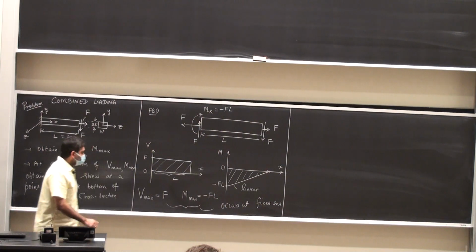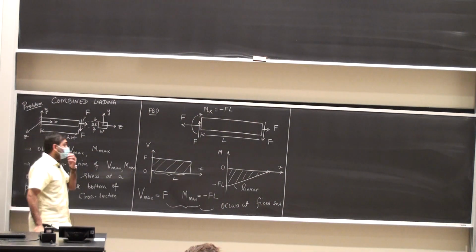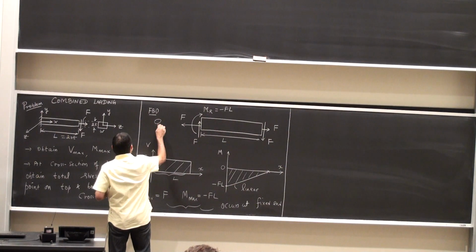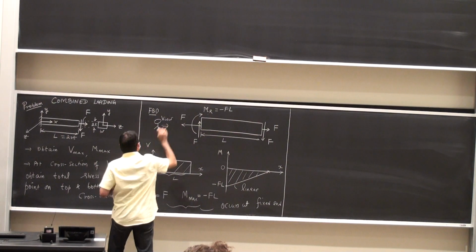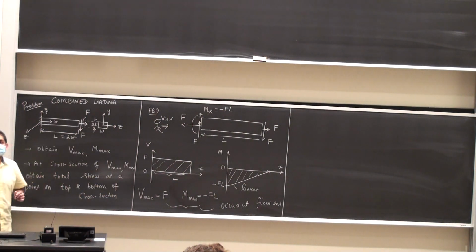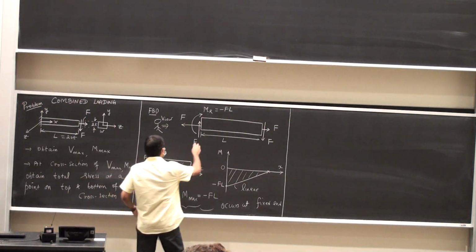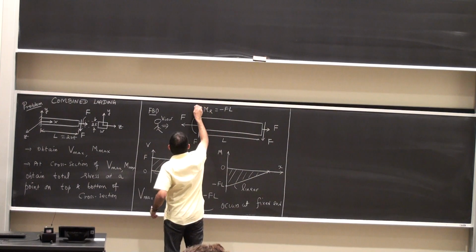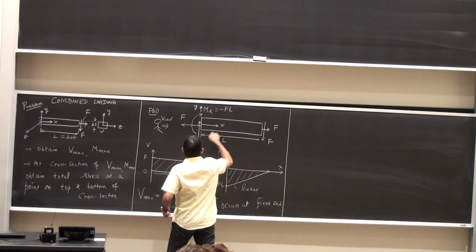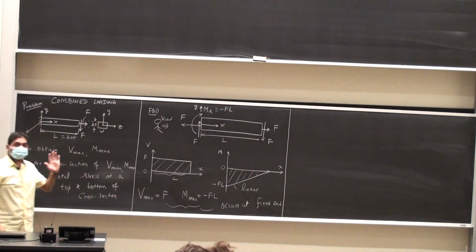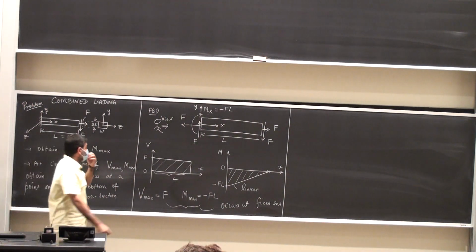Okay. So I'm going to set up a viewpoint. I'm going to have my axis system, x-axis, y-axis, z-axis. This is the x-axis, the y-axis is the vertical axis, the z-axis comes out of the page.